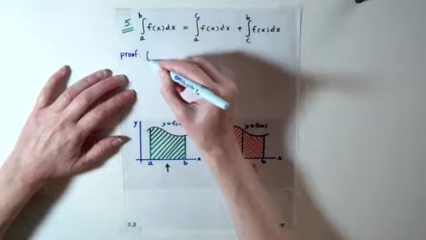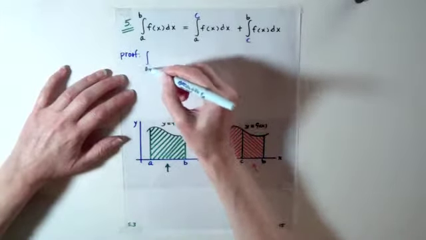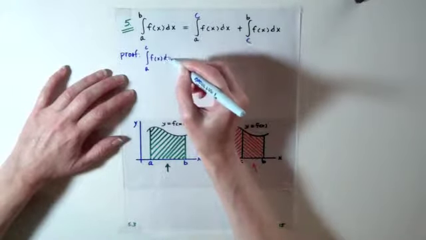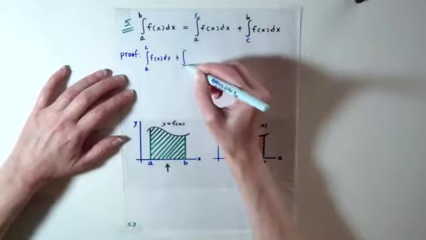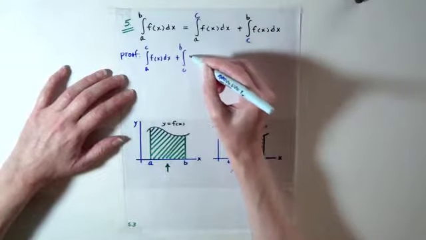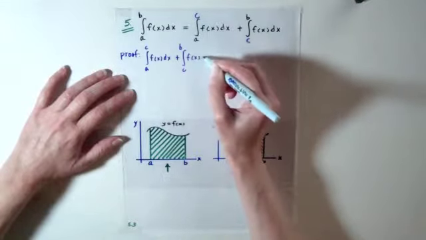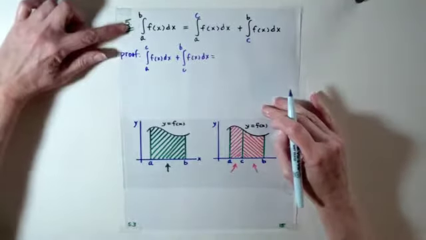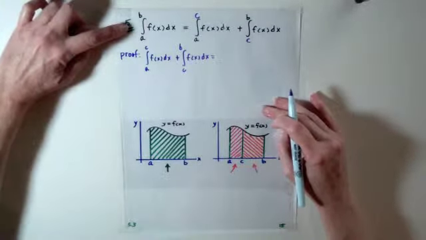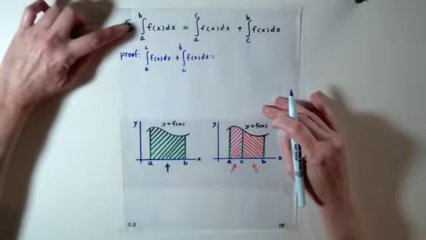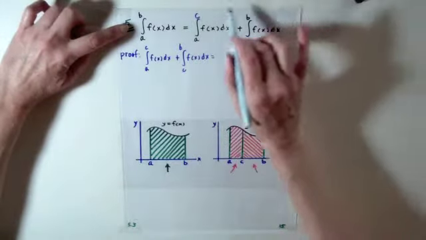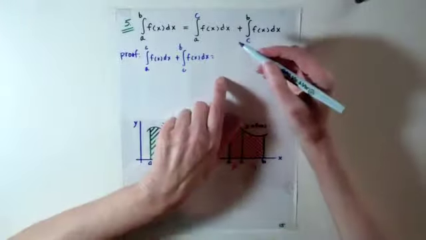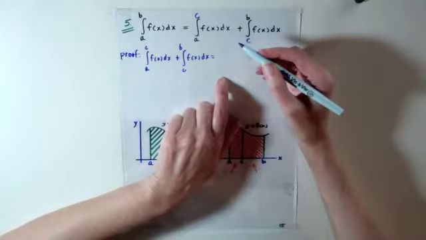So I'm going to start out with the right-hand side, the integral from a to c of f of x dx, plus the integral from c to b of f of x dx, and I'm going to try to show step by step that that's the same thing as the left-hand side. When you're doing a proof, oftentimes it's easier to start with the more complicated side and make it look like the simpler side. That doesn't always work, but it's a good first guess.